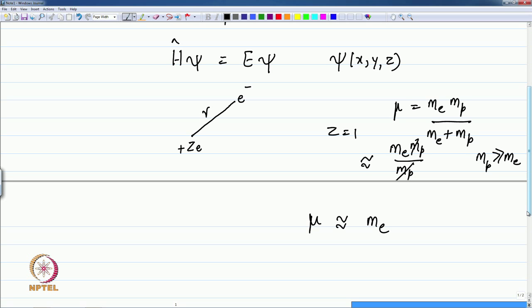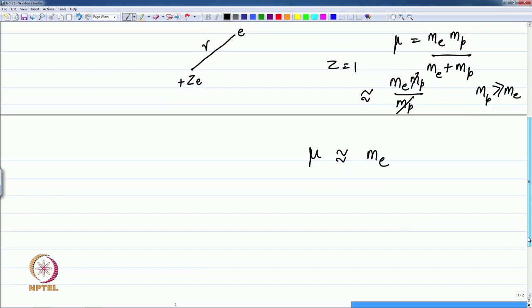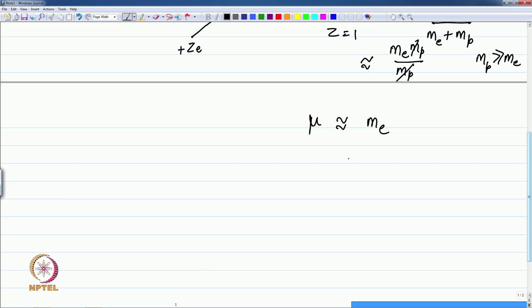So we shall make that approximation and write the mass as nothing but the mass of the electron.